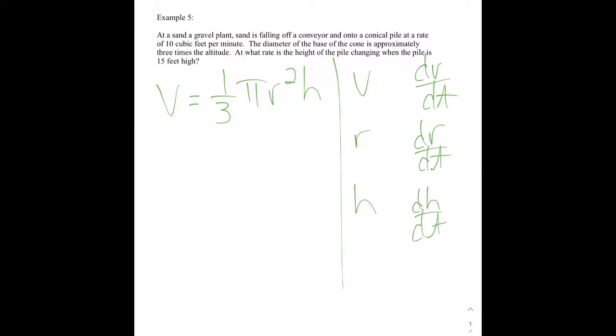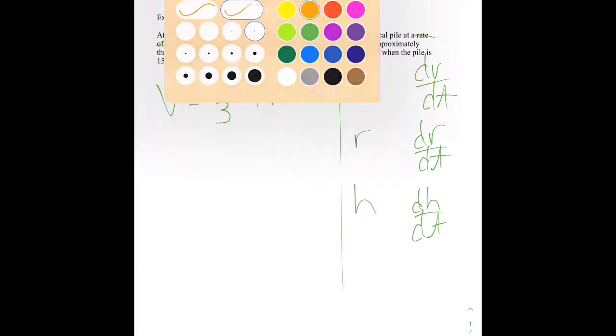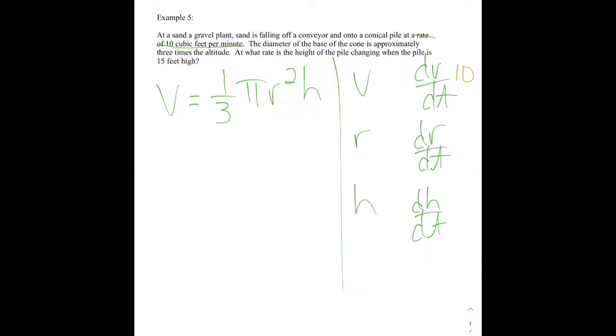Okay, so let's read the problem and see what's going on. At a sand gravel plant, sand, blah, blah, blah, at a rate of 10 cubic feet per minute. So this tells me that dV/dt is 10 cubic feet per minute. So this means I'm going to keep V in my formula.